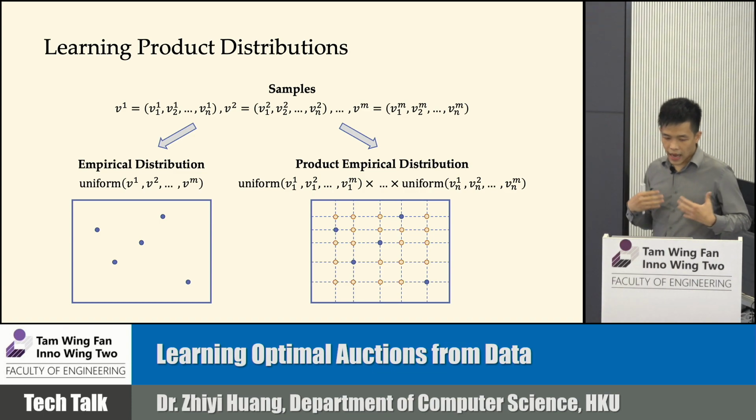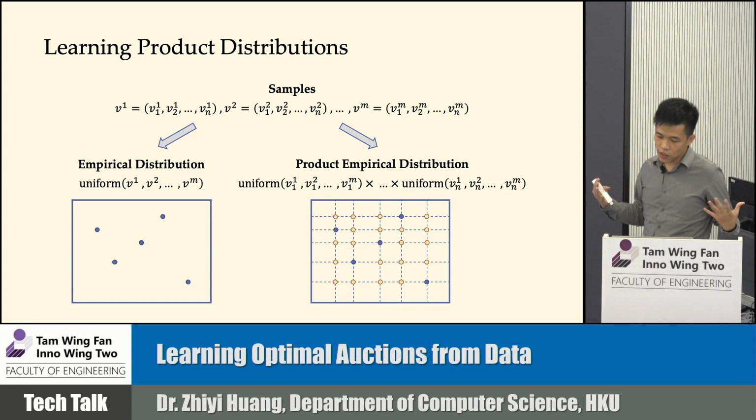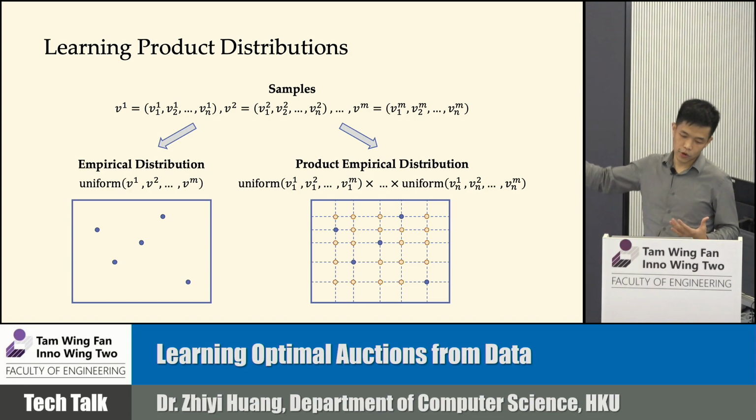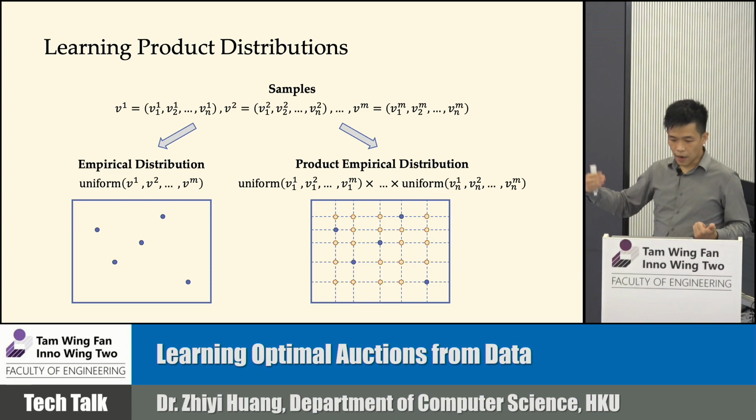Now this has a few implications. First of all, it turns out that computationally finding the optimal auction with respect to a correlated distribution, like the empirical distribution, is a very, very hard problem, versus finding the optimal auction with a product distribution, like the product empirical distribution, which is computationally efficient. That's the computational aspect.